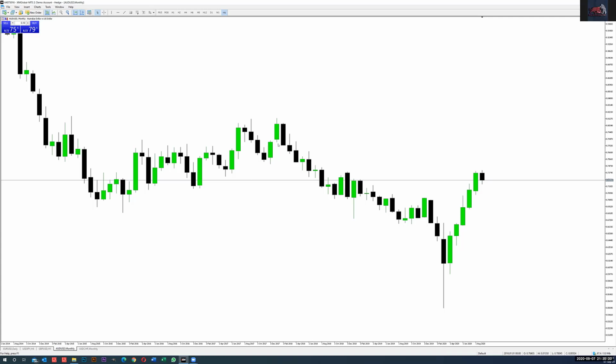So let's say I highlighted your zones. This supply here, and then I'm going to highlight this demand down here. Then I highlight this demand zone here, right? And then I say I want to share this on the group.